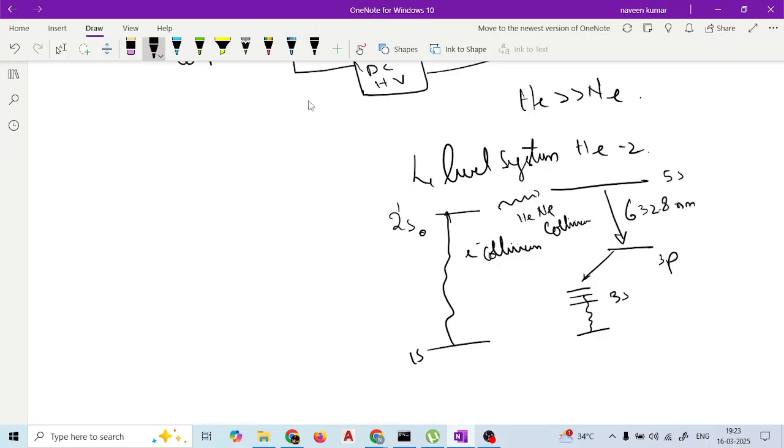That is level 5. This is the electronic configuration of it. So let's talk about how things will be working in this scenario.